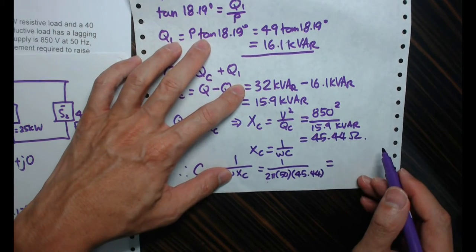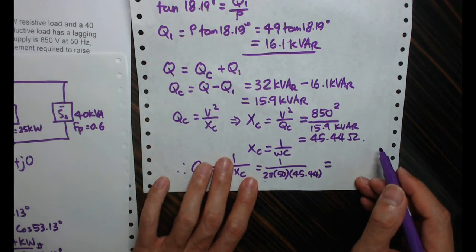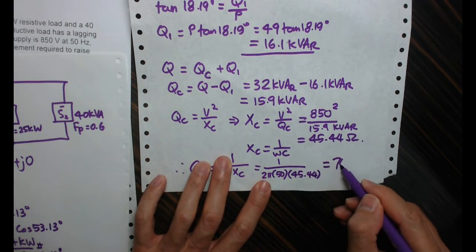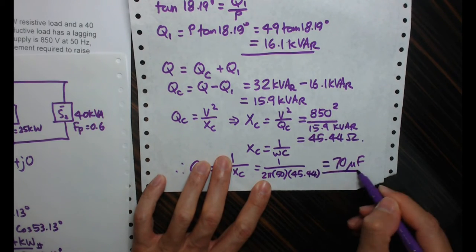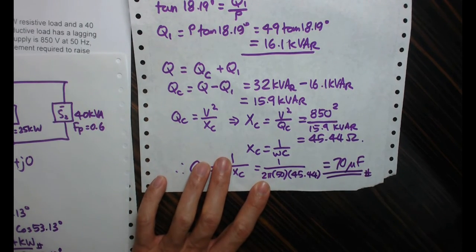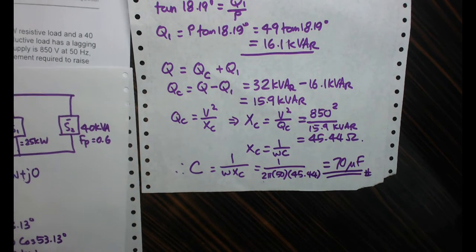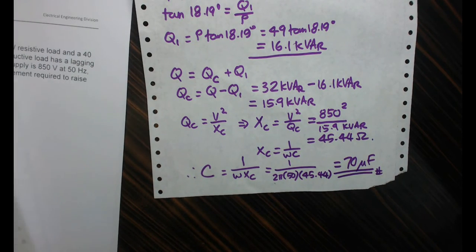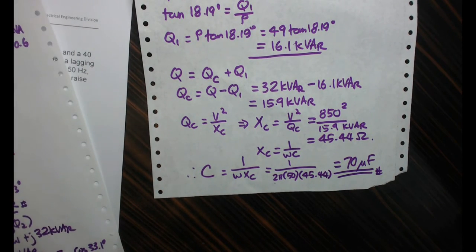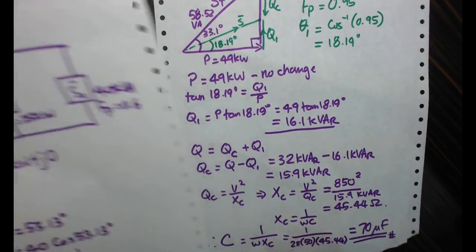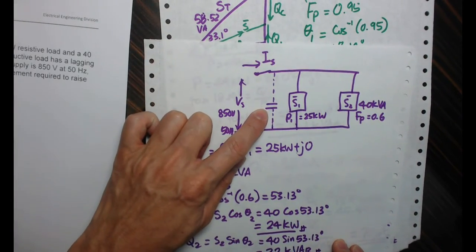That gives me a capacitance of about 70 microfarad. Alright, so that is the amount of capacitance required for the capacitor we want to put here.